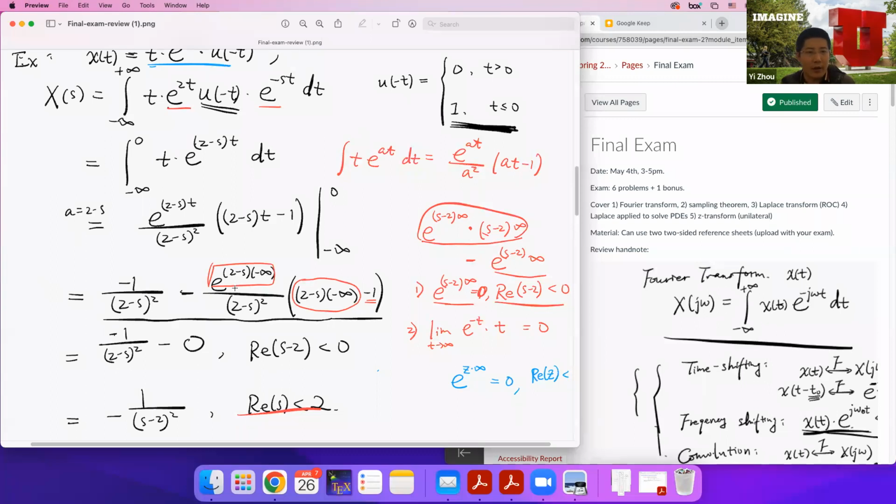Especially these two terms involve negative infinity. If we distribute this exponential term into the parentheses, this one multiplied by this one gives the first term, and this exponential term multiplied by negative 1 gives this term.